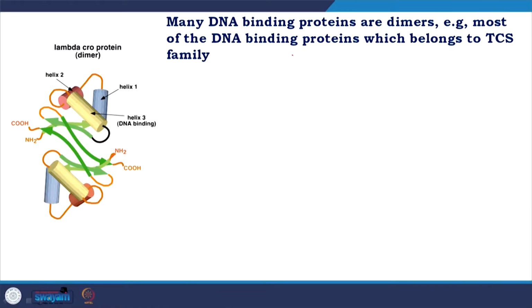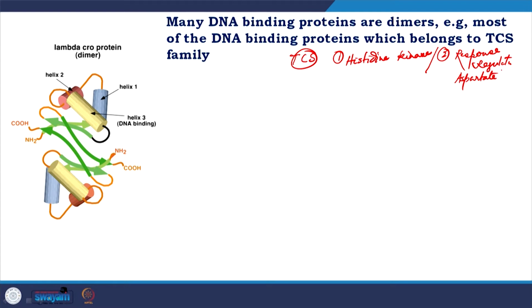In the TCS system, there is one histidine kinase, component 1, and component 2, the response regulator, also called aspartate kinase.